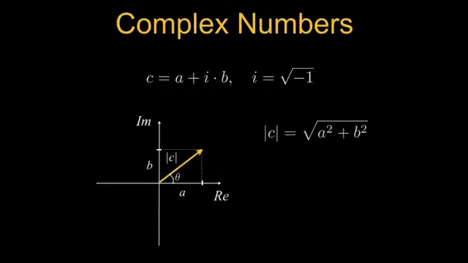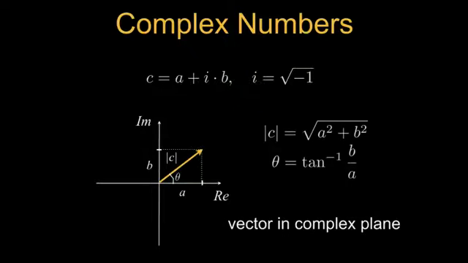The thing to note is that the magnitude of a complex number is the L2 norm, or square root of the sum of a squared and b squared. And there is an angle involved in these complex numbers if you think of it as a vector in the 2D imaginary-real plane. So we like to think of complex numbers as vectors. You can describe them this way in terms of the a and b components.